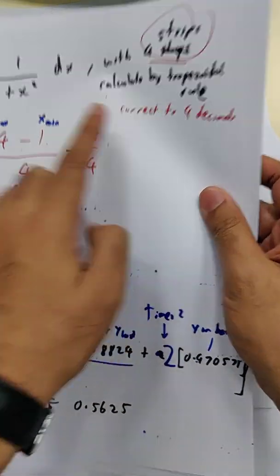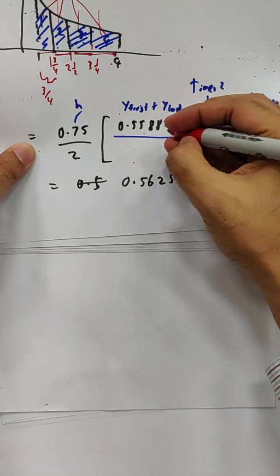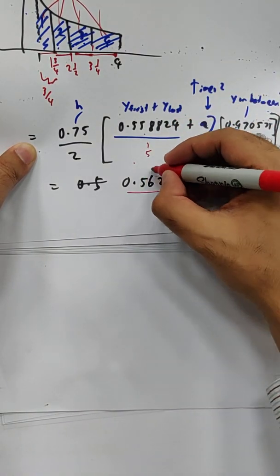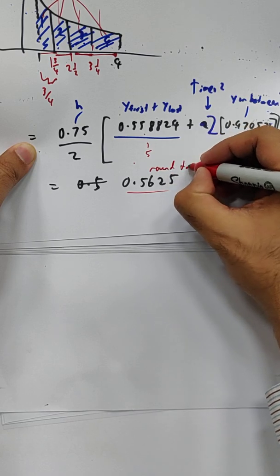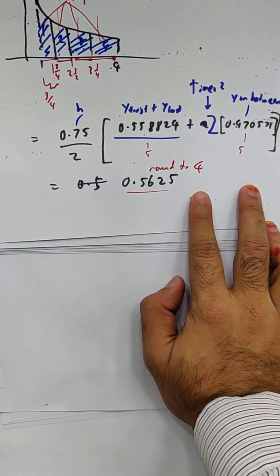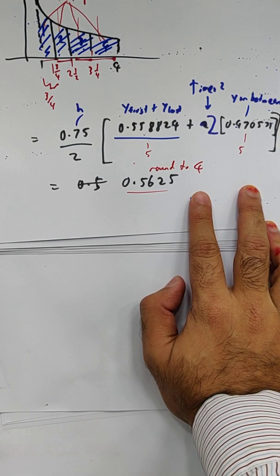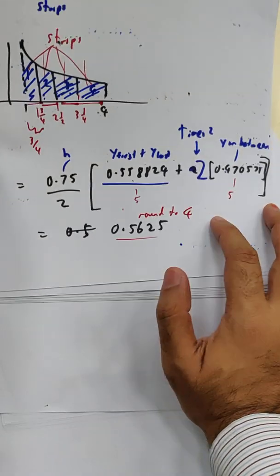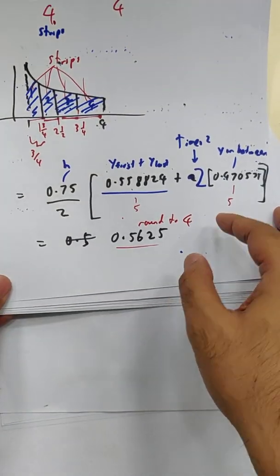For me personally, if they want 4 here, I will give 5 here, I will give 5 here, and this one I round to 4. Personally, that's how I will do. Alright, so you got the general idea? Okay, so let's go further.